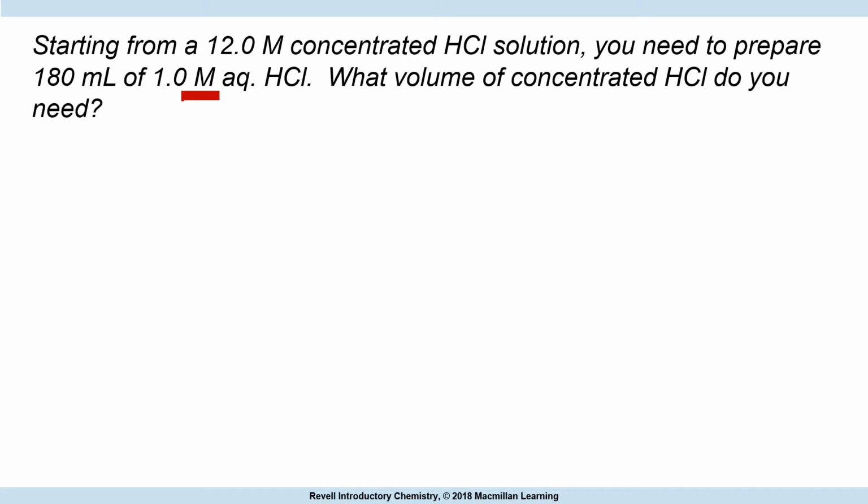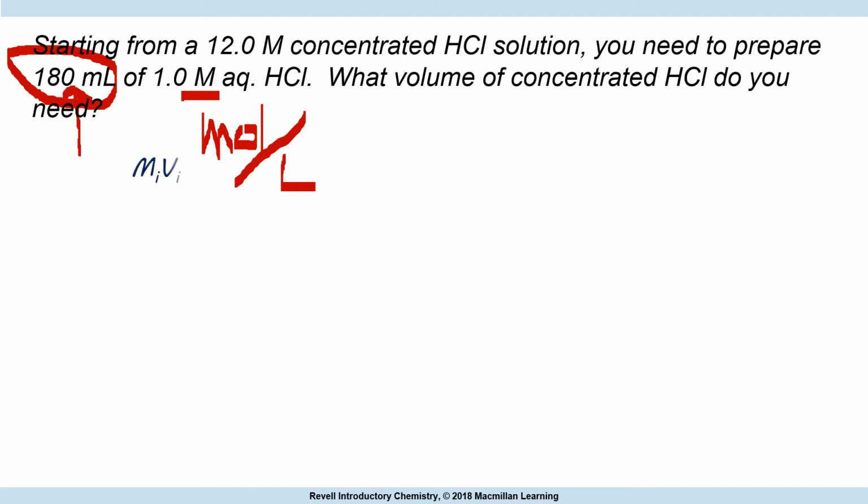The M is moles per liter, mole per liter, and this is not in a unit that's consistent with this, so we're always going to have to be changing the milliliters. Just remember that that's not the same unit as this, so you might need to make a conversion there.